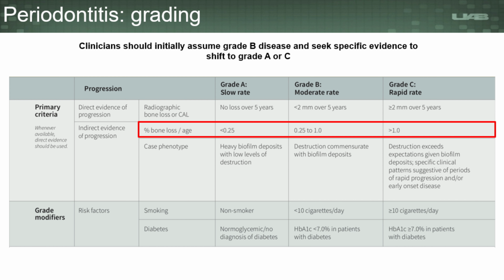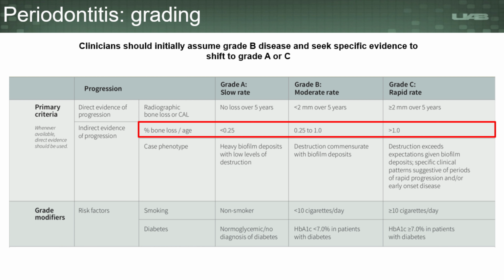But that's a totally different lecture that I may hope to be able to give you at some point as well. So diabetes, well-controlled diabetes, no difference in risk for periodontitis, whereas somebody with uncontrolled diabetes in this grade modifier defined as an HbA1c, one of the measurements of diabetic control, to be equal or greater than 7%. So those are our two risk modifiers.